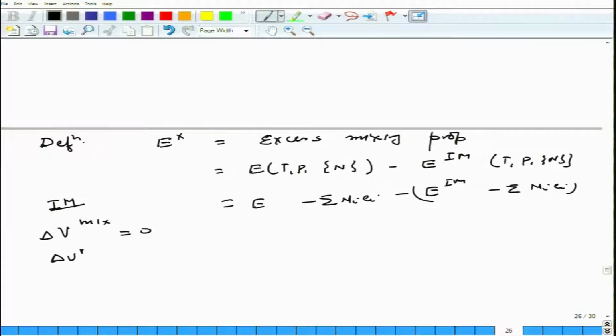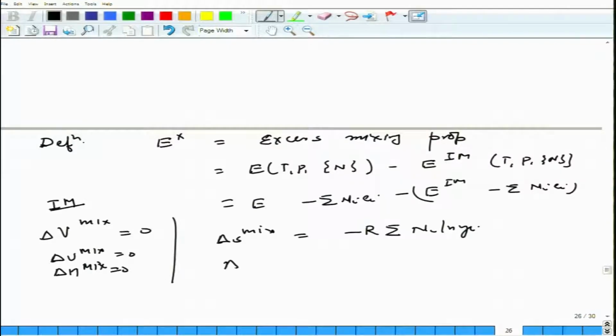Okay, delta U mix is 0, delta H mix is also 0, and we have also calculated earlier that delta S mix is minus R summation Ni ln Yi, and delta G mix or delta A mix is RT summation Ni ln Yi.